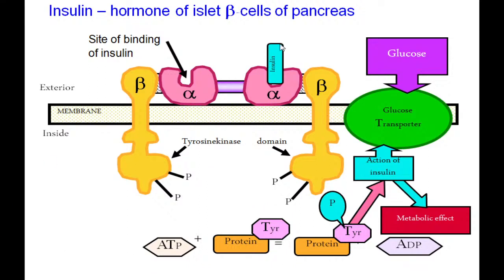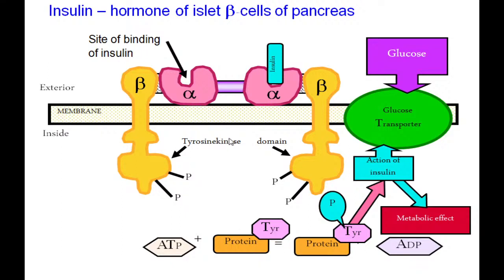So insulin binds to the insulin receptor. Insulin receptors are localized in cell membranes of different tissues. The molecule of insulin binds to the alpha subunit, which causes transformation of the structure of the beta subunit that activates a protein kinase, tyrosine kinase.